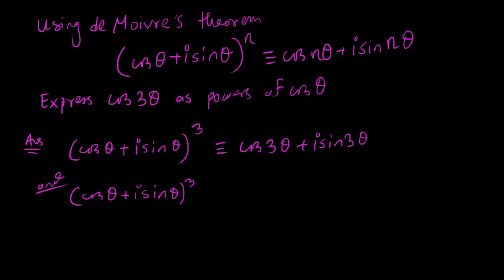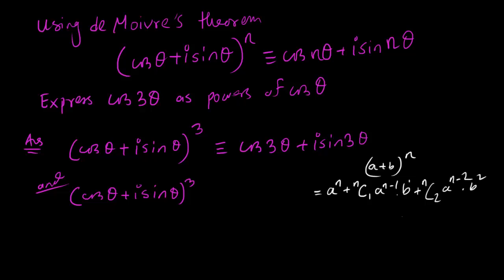The binomial theorem states that a plus b to the power n is equivalent to a to the power n plus nC1 a to the power n minus 1 b to the power 1 plus nC2 a to the power n minus 2 b to the power 2 plus nC3 a to the power n minus 3 b to the power 3 plus nC4 a to the power n minus 4 b to the power 4, and on and on. And the final term would be b to the power n.